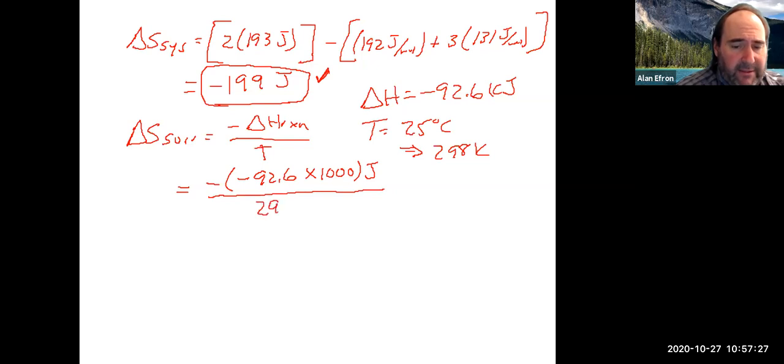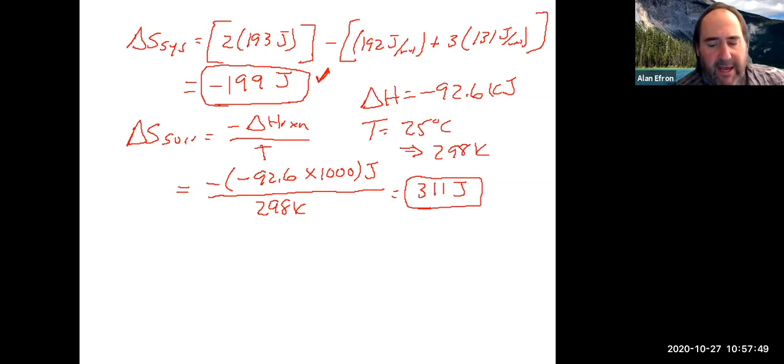And we're going to divide it by 298 Kelvin. In this case, 92.6 times 1,000 divided by 298 gives us something like 311 joules. Again, positive for our surroundings.